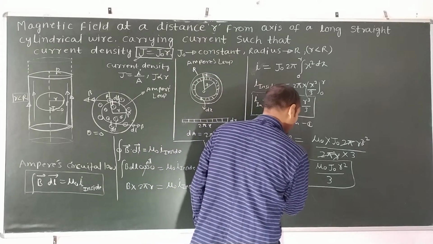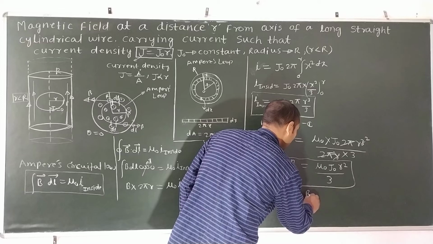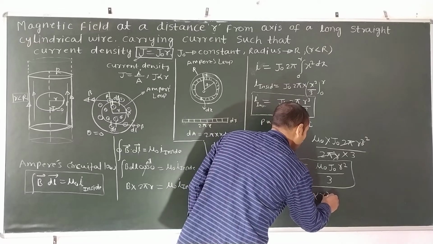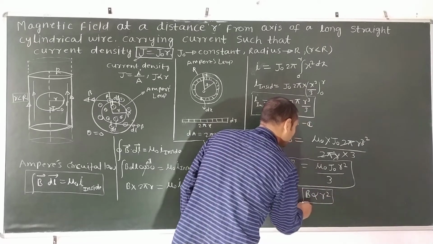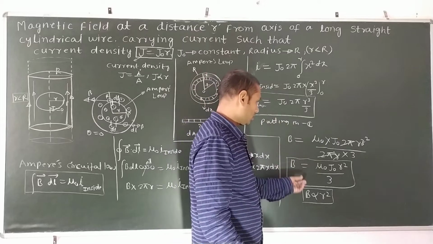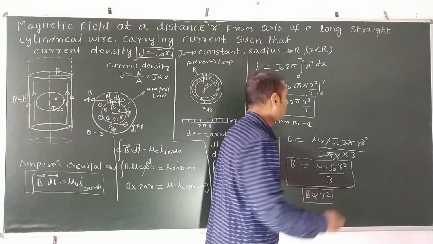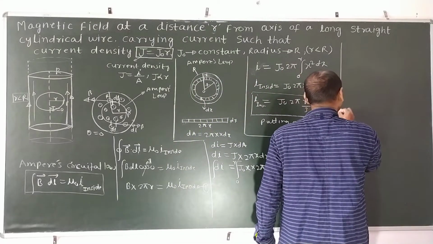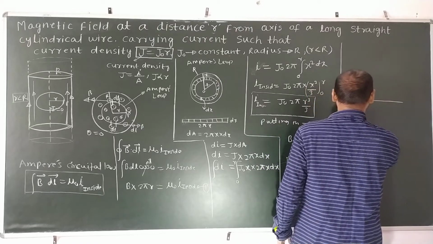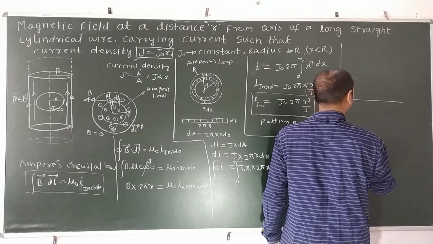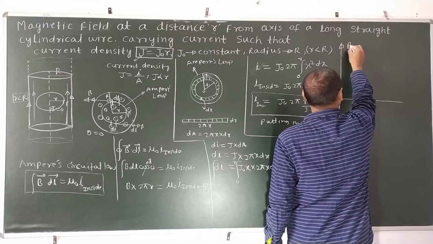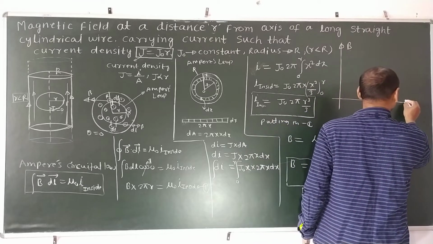We see here that B is directly proportional to r square, a quadratic relation. So the graph has B on the y axis and r on the x axis.